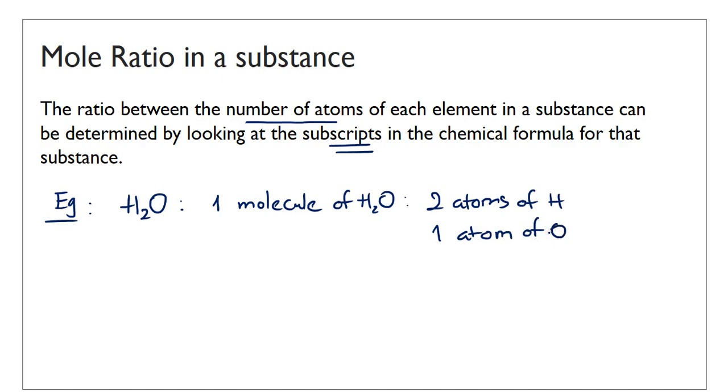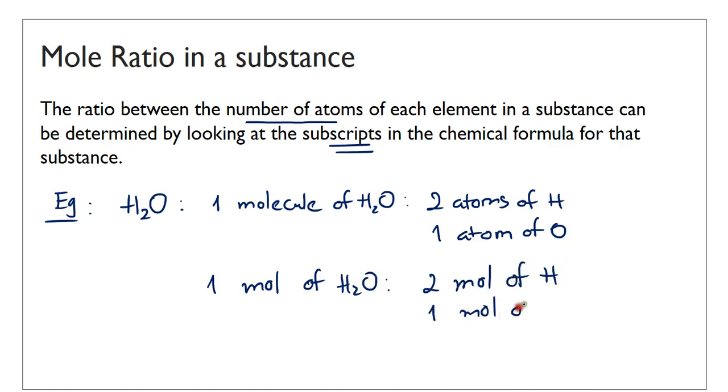So if you look at the formula for water, you can see how many hydrogen and oxygen atoms are required to make H2O. And from here, I can create a mole ratio between hydrogen, oxygen, and water. So if I have 1 mole of H2O, in order to make 1 mole of H2O, I also need 2 mole of hydrogen and 1 mole of oxygen.